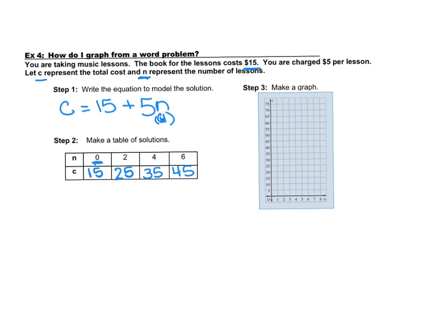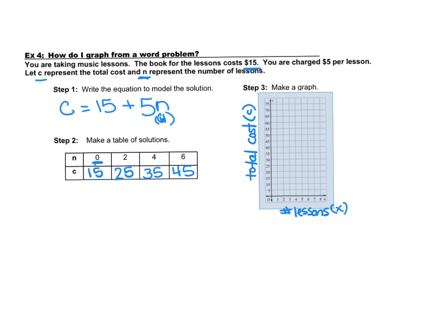And so now we can graph this relationship, where on the bottom is our number of lessons, and the side number is going to be our total cost. We could even put the C and then the number of lessons, which is our x.